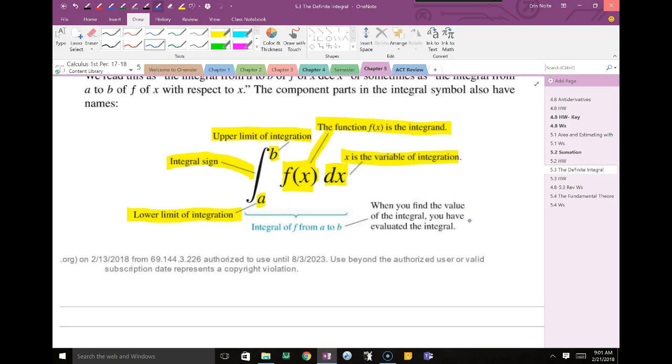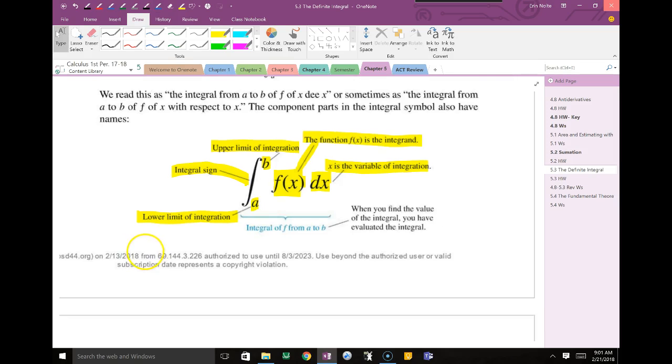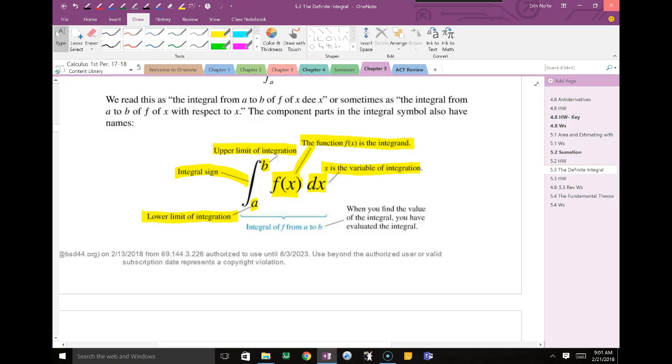But integral is just another word for antiderivative, right? Okay, you ready? Can I move on? Wait. Integrate.